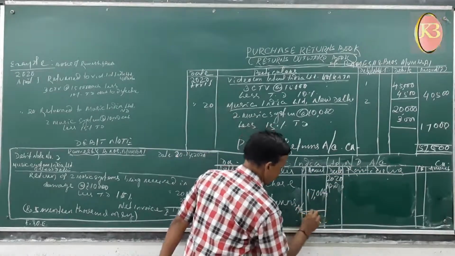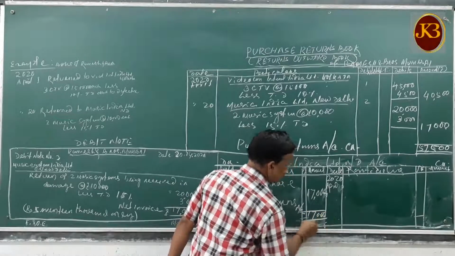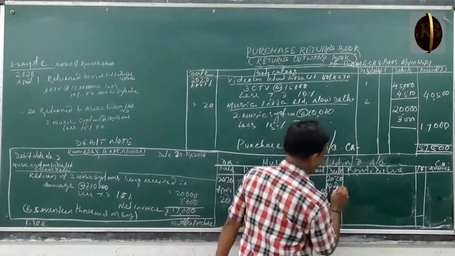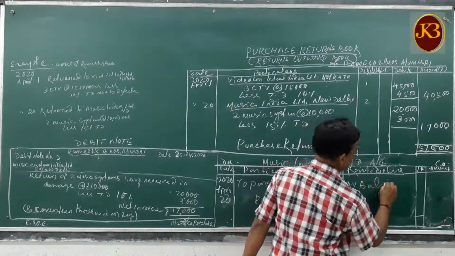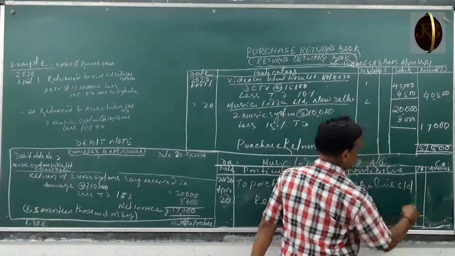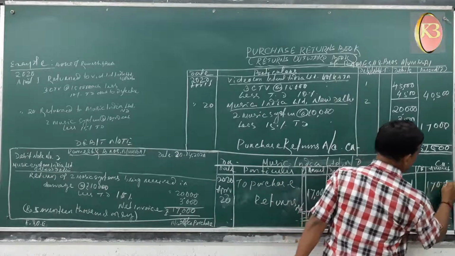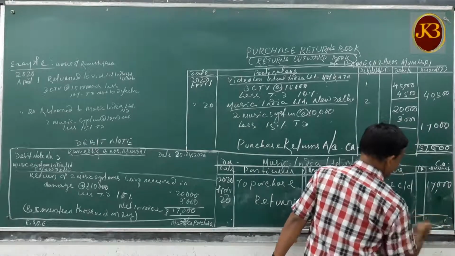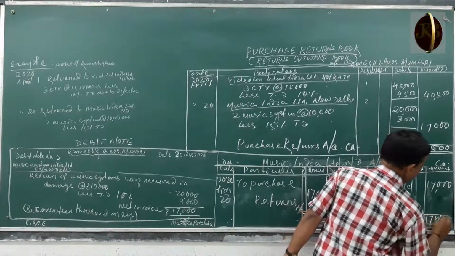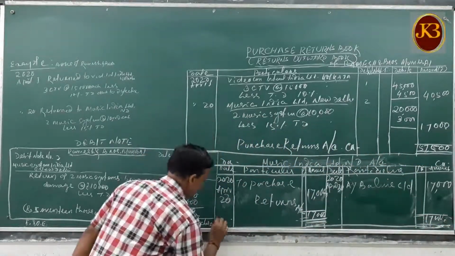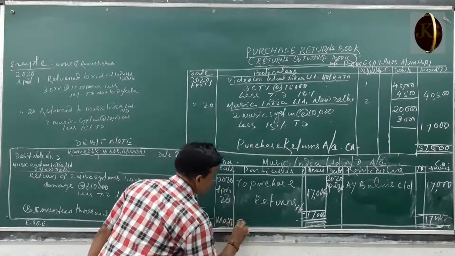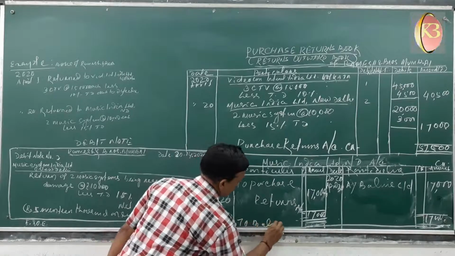Then total 17,000 there. So that is April 30, by balance carried down 17,000. So total is 17,000. So again May 1st, this will be the first, to balance brought down.